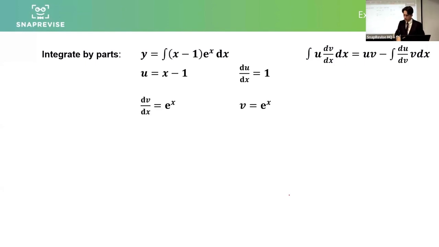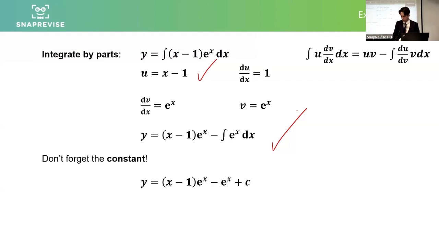So the first thing would be to differentiate x minus 1 and integrate e to the x, and then basically put that in the formula. And up to this stage, if it were out of 8 marks, you'd have 2 already. So you've correctly identified the technique, given the mark for subbing that in efficiently, and then let's keep going.